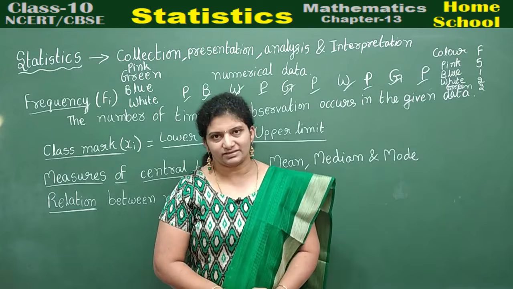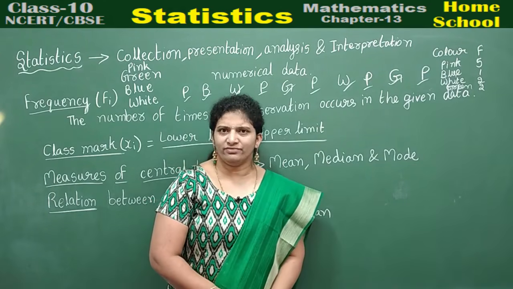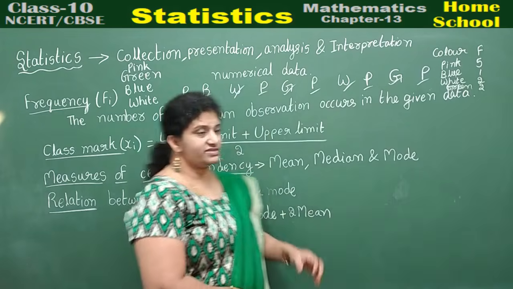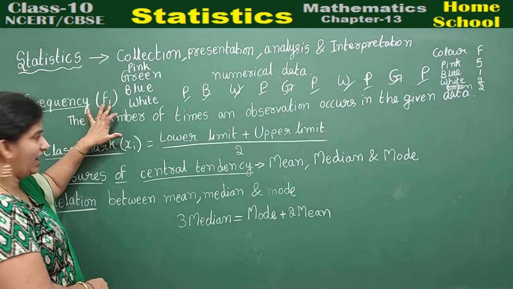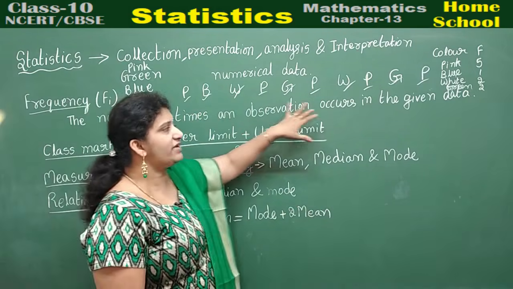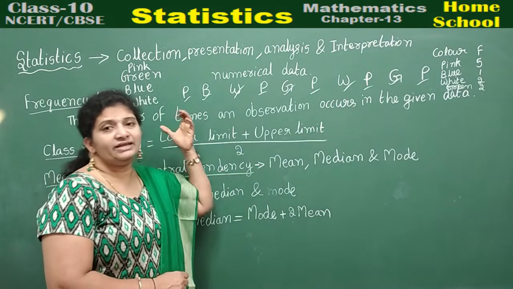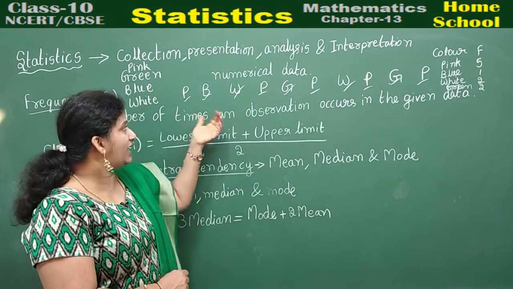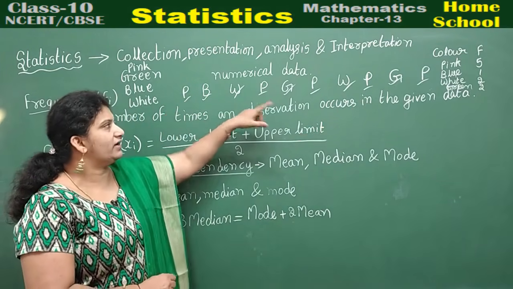This is statistics. You can see F. What is F? It is frequency. Frequency is represented by Fi, the number of times an observation occurs in the given data. How many times did pink occur here?